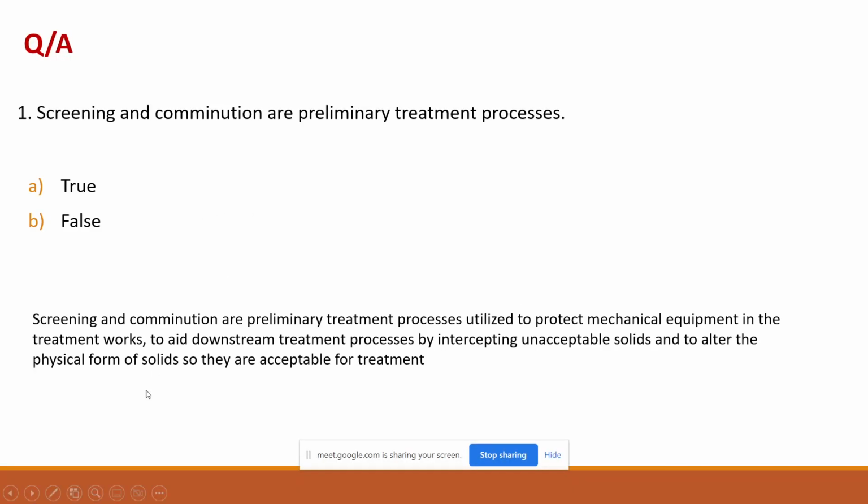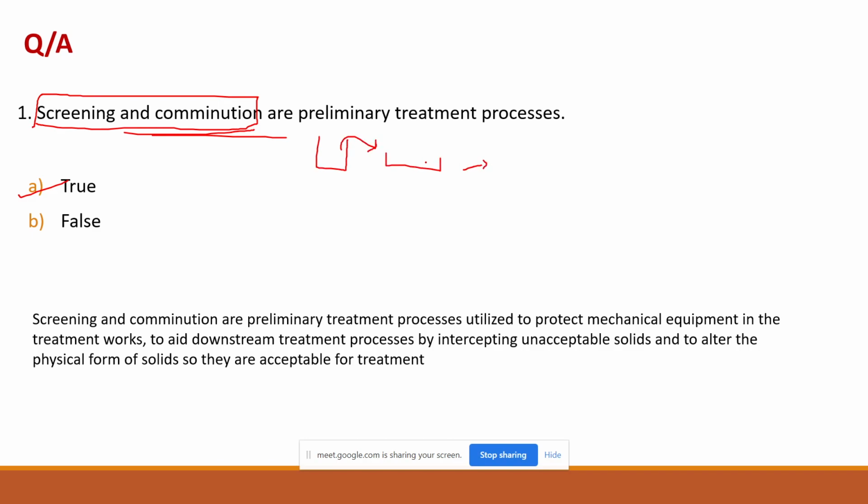The correct answer for this will be true, because this is a part of the preliminary process whereby your coarse material, or large floating material, is removed from wastewater. Why is it important? It is important because if very large material goes into the treatment line through secondary or tertiary treatment, it can damage the equipment or machinery, right?